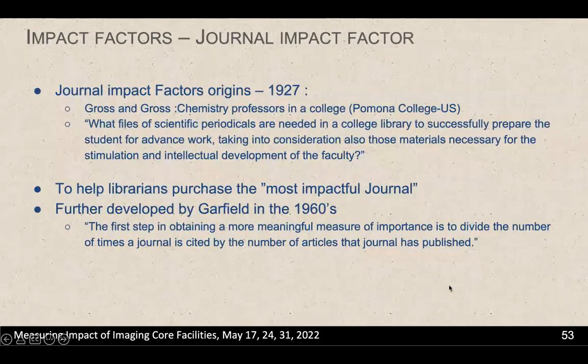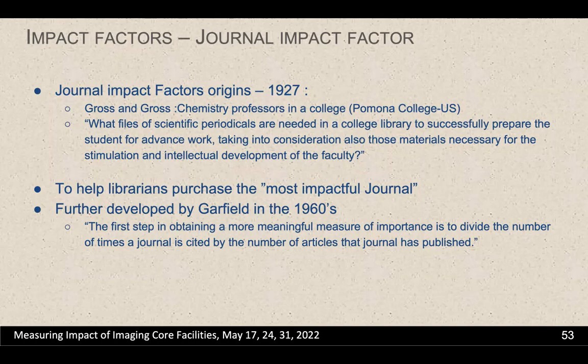So now I'm going to talk about two big impact factors that are still in use today. The first one is the journal impact factor. The journal impact factor concept originates in 1927, when Gross and Gross, who were brothers and chemistry professors at a college in the US, asked themselves this question: what scientific periodicals are needed in a college library to successfully prepare the student for advanced work, taking into consideration all those materials necessary for the stimulation and intellectual development of the faculty?